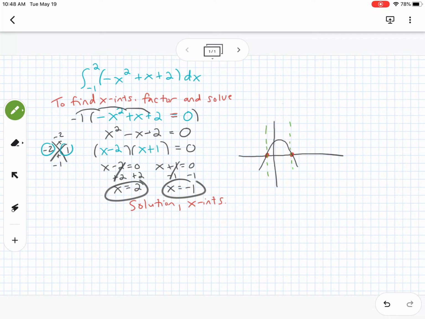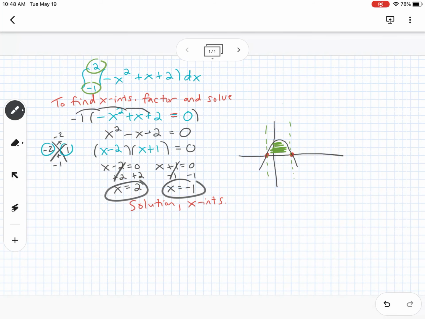Here are the boundaries, and those two numbers, -1 and 2, are for the integral. So that means we're going to get everything between these two. And this one's nice because between these two boundaries, -1 and 2, the graph is above.